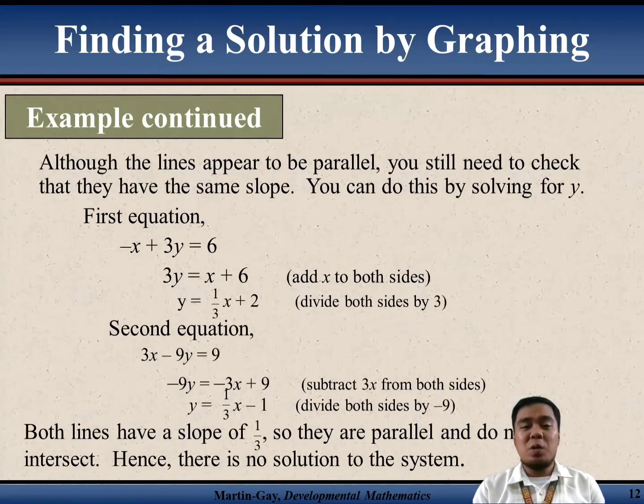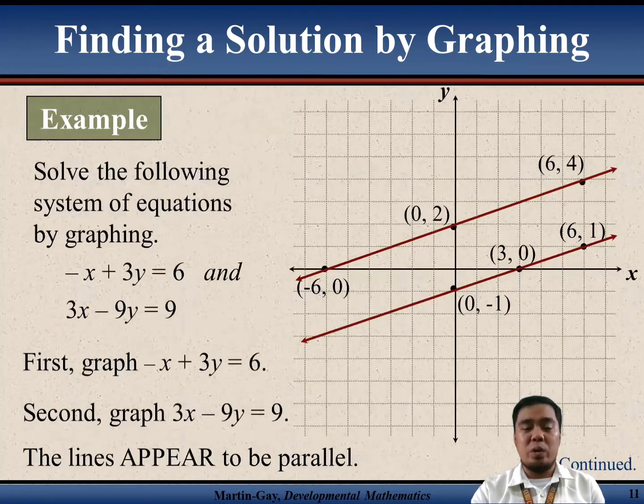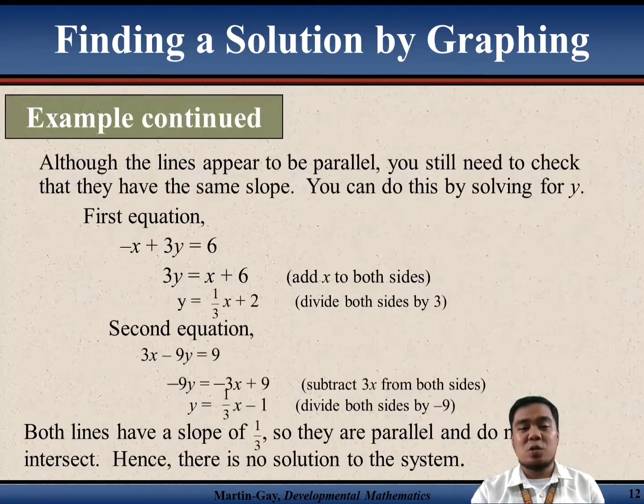So we can conclude that the two lines are parallel, and parallel lines do not intersect. So what can we conclude from that? That there is no solution since the two lines do not intersect. Therefore, the two equations do not have a real solution set.